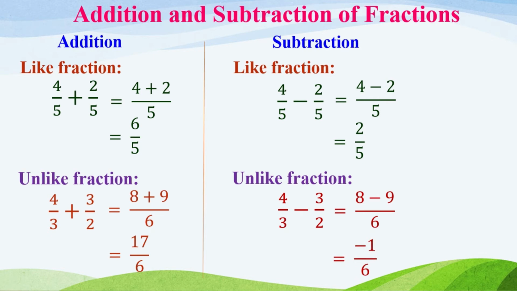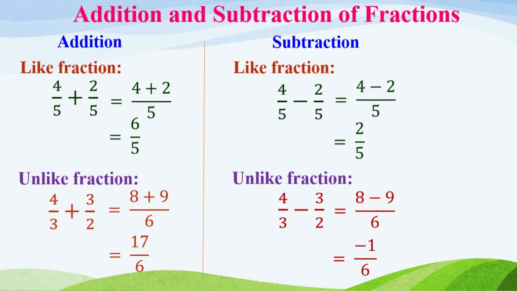Here different denominators, so we have to make the cross multiplication. Now check the values. Different signs. Different signs means subtract and place the sign of the greater number. 9 minus 8, 1. Here 9 is the greater number. That sign is minus. We get minus 1 by 6.